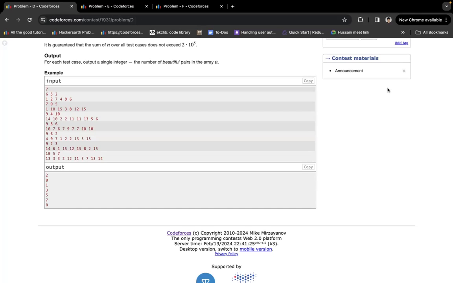We are using a map, and using that map, we just want to count the number of pairs that satisfy the condition. Currently, none of them satisfy, but if you do it actually, it will end up working.